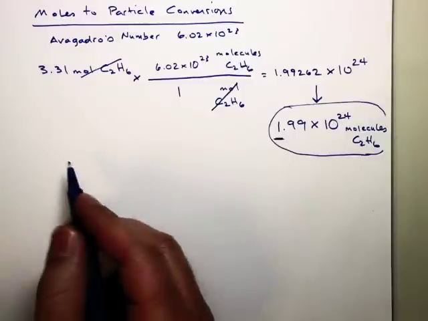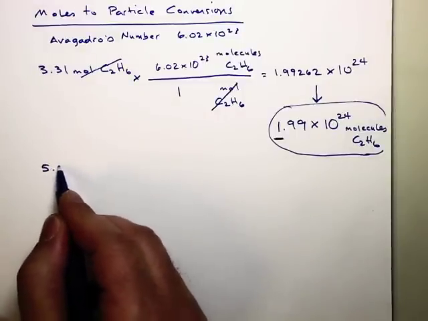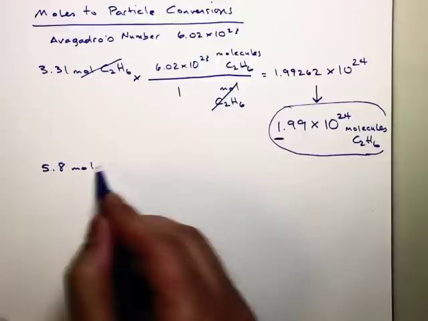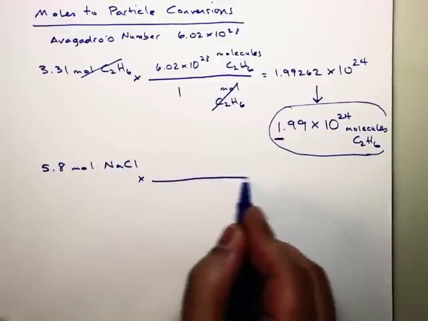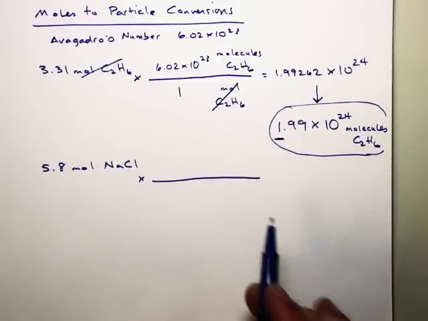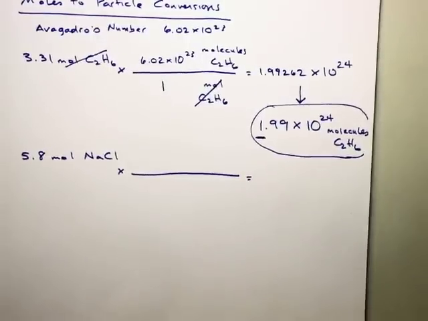You do right now, let's say 5.8 moles of NaCl. I want you to figure out right now how many particles this is. Okay? And you can use what we have in the previous problem to help you.